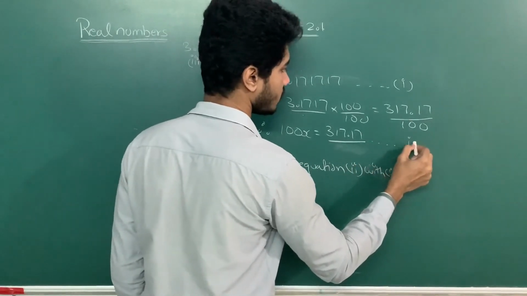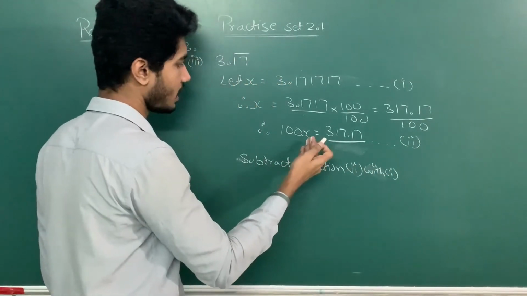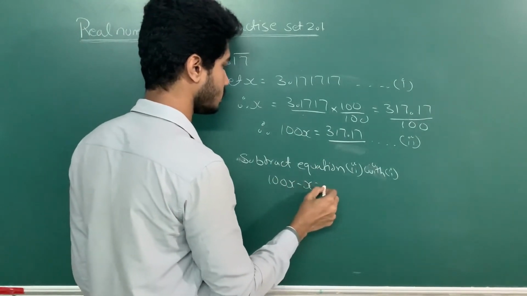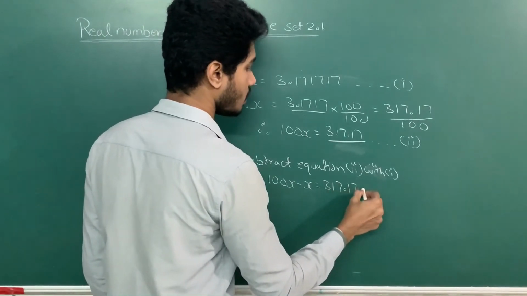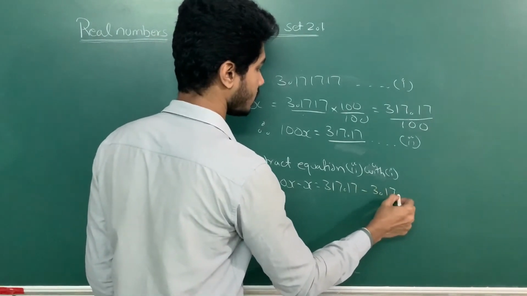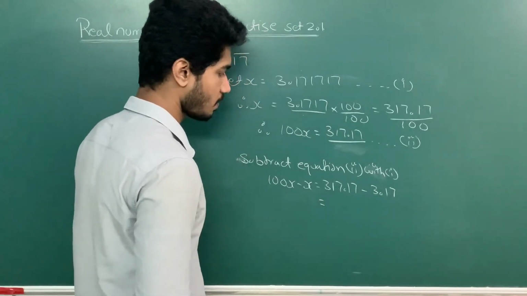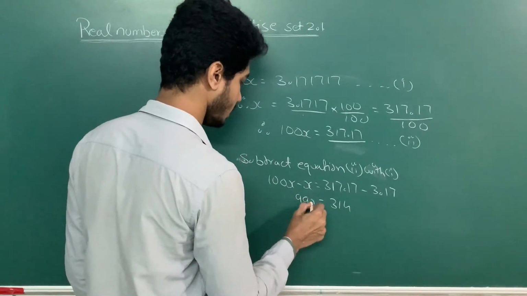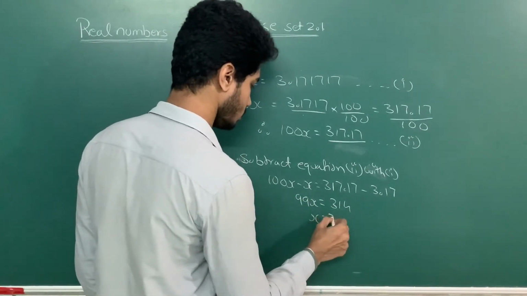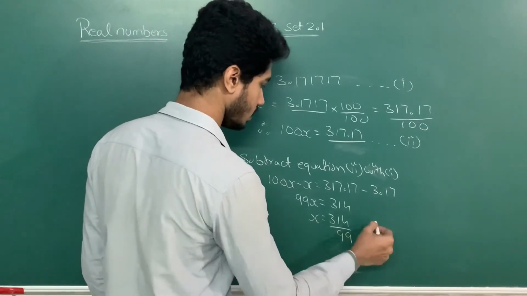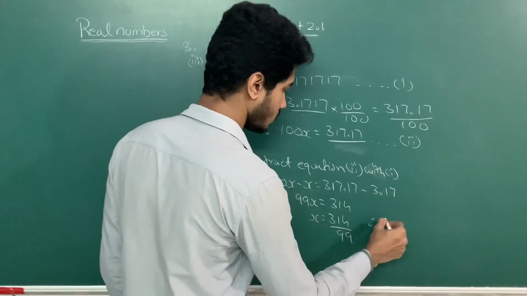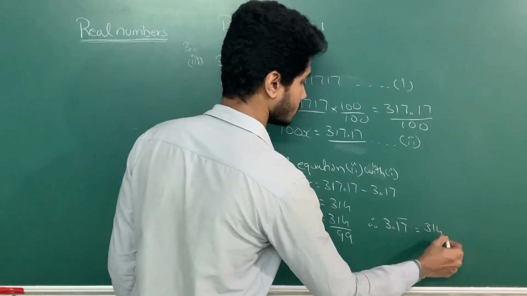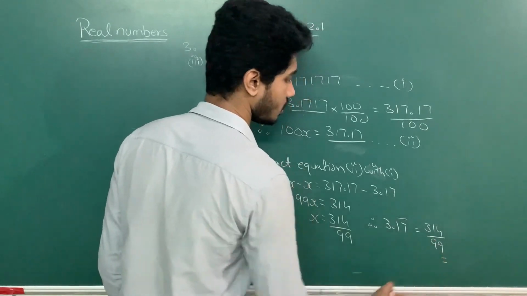So let this be equation 2. Now you subtract the second equation with 1, so you get 100x minus x is equal to 317.17 minus 3.17, which is, when you subtract, you get 314, and over here 99x. Therefore, x is equal to 314 upon 99, which is the fraction form, 314 upon 99.